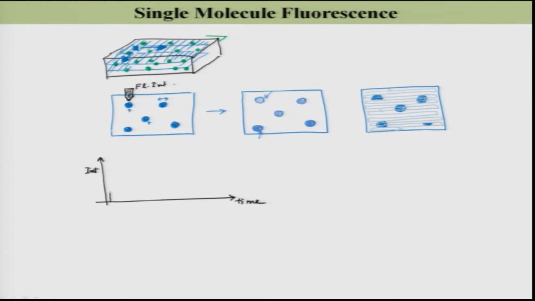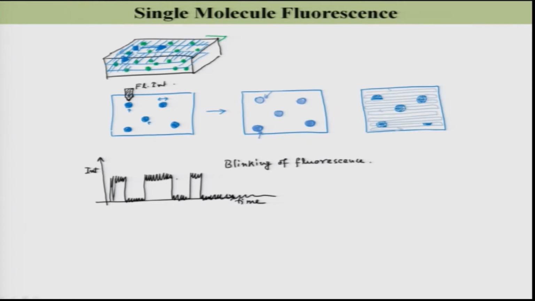The fluorescence intensity is more and it is like this, and then it becomes like this and stays for some time, and then again it will increase, it will stay like this, and then again it will come back and stay like this, and ultimately it will never come back, it is 0. And this is called the blinking of fluorescence.